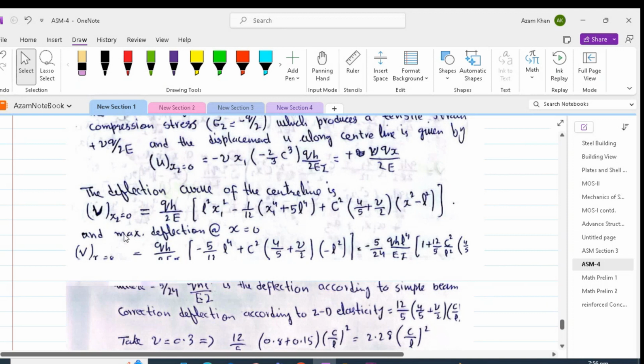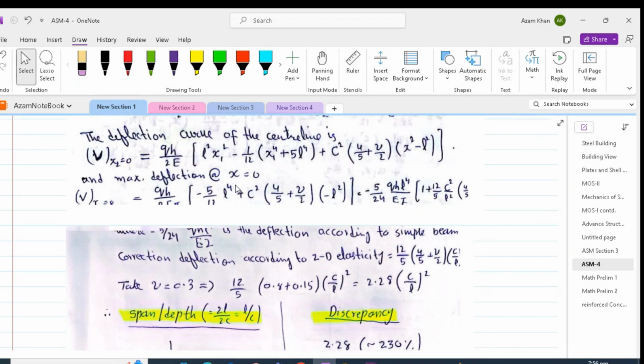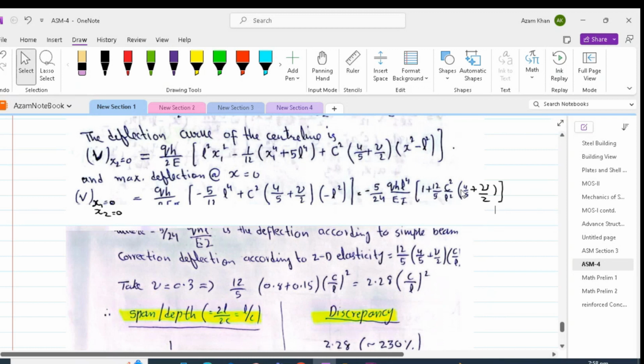And the maximum deflection is at x1 equal to 0. So plugging the values x1 equal to 0 and x2 equal to 0, we'll get minus 5 by 24 qh L to the 4 by EI times 1 plus 12 by 5 c squared by L squared times small bracket 4 by 5 plus nu by 2.